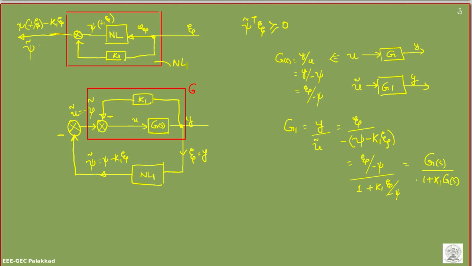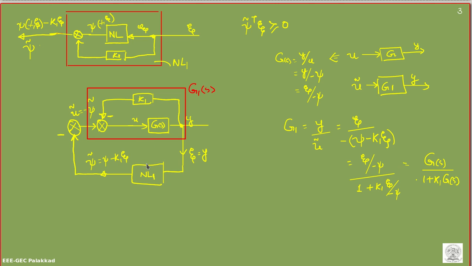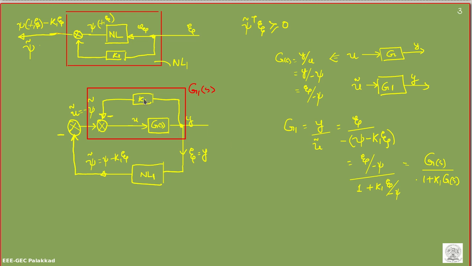This is g1 of s. So now if I have a new nonlinearity psi tilde here, within the sector k1 to infinity, then I can convert it into the sector 0 to infinity, so that my gs changes to g1s, of the form gs divided by 1 plus k1 into gs. So what is the idea here?